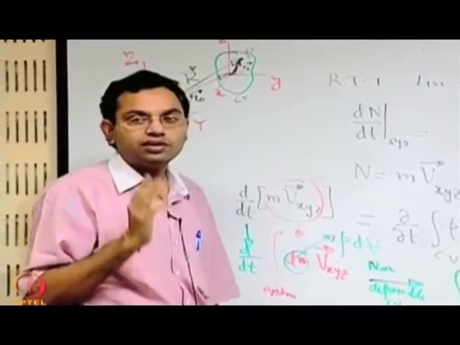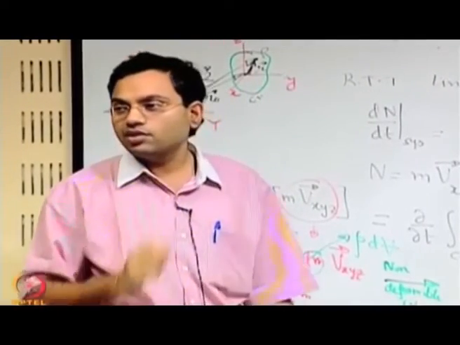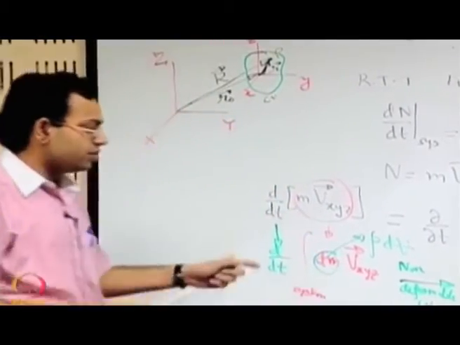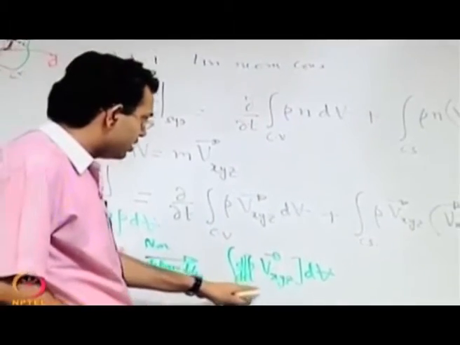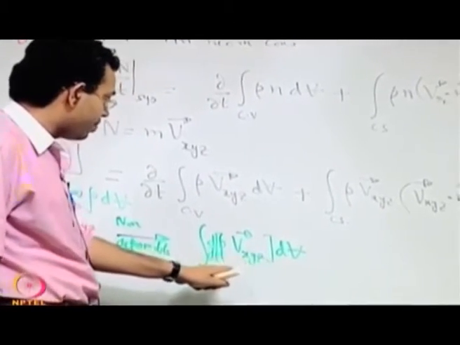It will test your understanding of mechanics to the best of your abilities. Let us not go into that complication here. So we assume that this is what we are writing.